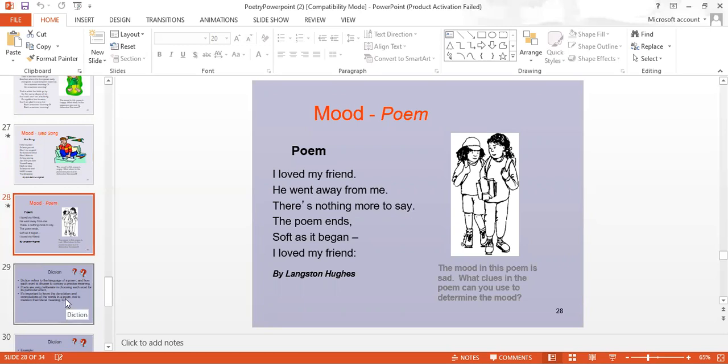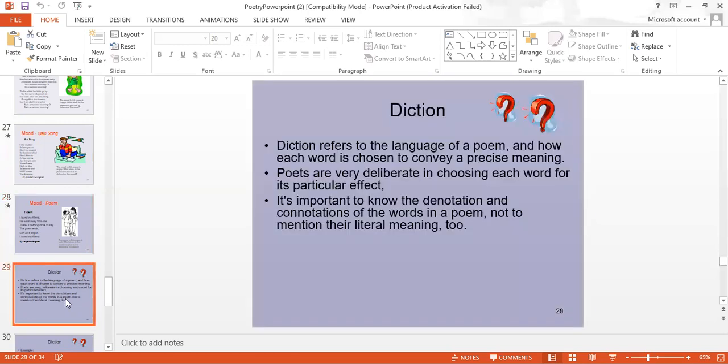Okay. So another thing that we can talk about is diction. When you're talking about diction, we're just talking about the choice of words used by the poet. So diction refers to the language of a poem and how each word is chosen to convey a precise meaning. Poets are very deliberate in choosing each word for its particular effect.